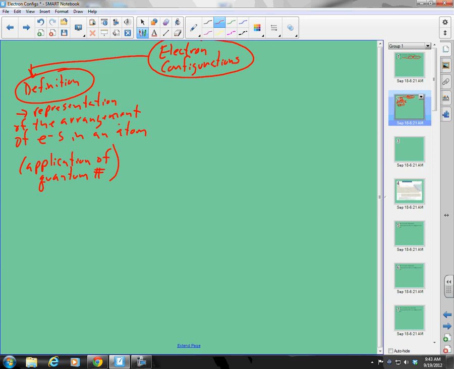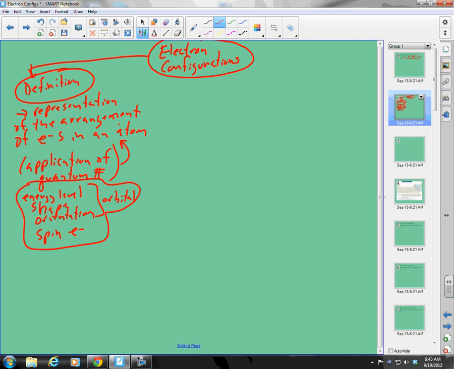We were trying to figure out the energy level, the shape, and the orientation of an orbital, as well as the spin of the electron. So when I take these all together, you know what we get? We end up getting an electron configuration. Good. So that's kind of our definition.